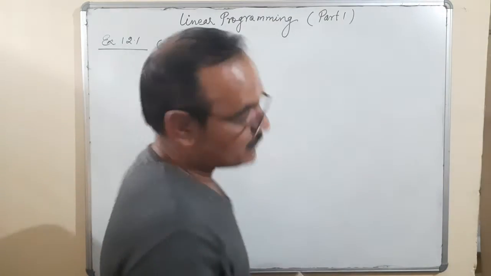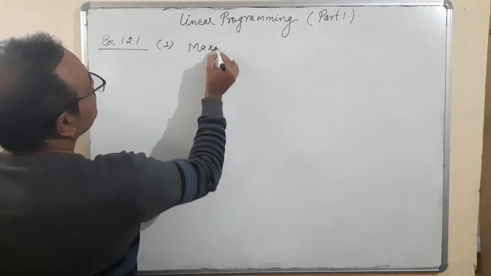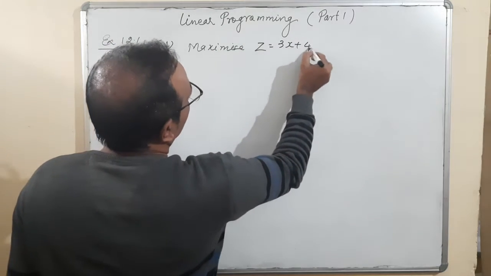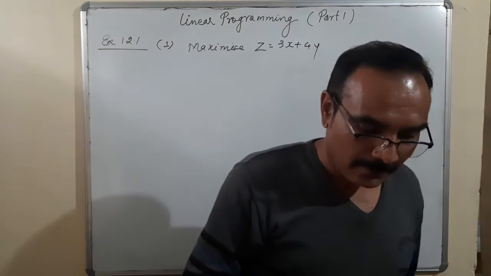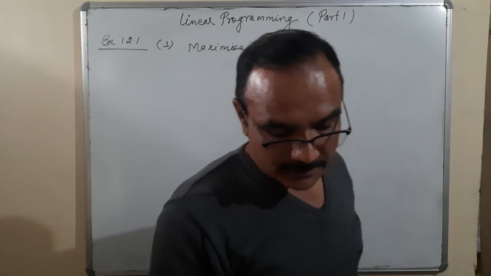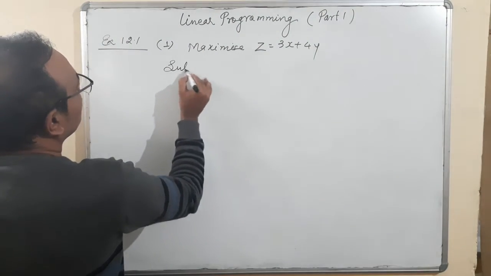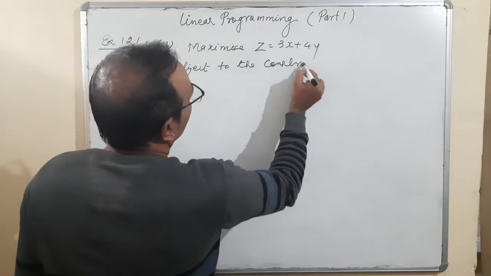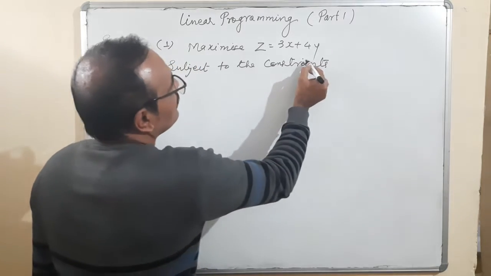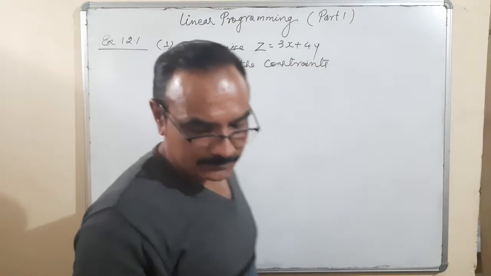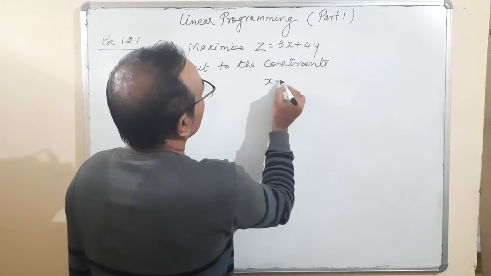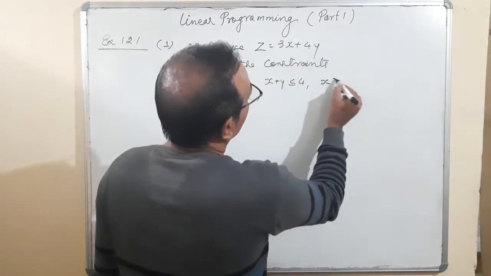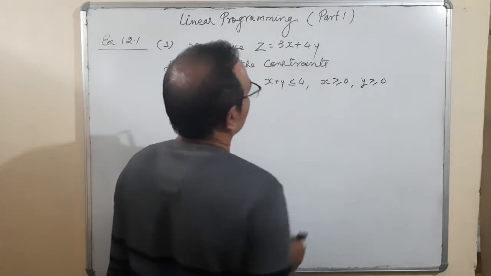Maximize z equals 3x plus 4y, subject to the constraints x plus y is less than or equal to 4, x is greater than or equal to 0, and y is greater than or equal to 0.